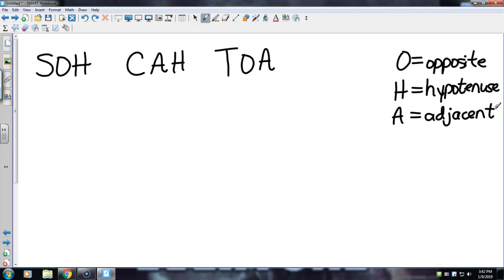So when we are finding sine in a right triangle, we are going to take the opposite side over the hypotenuse. So, SOH, sine equals opposite over hypotenuse. Ka is cosine.